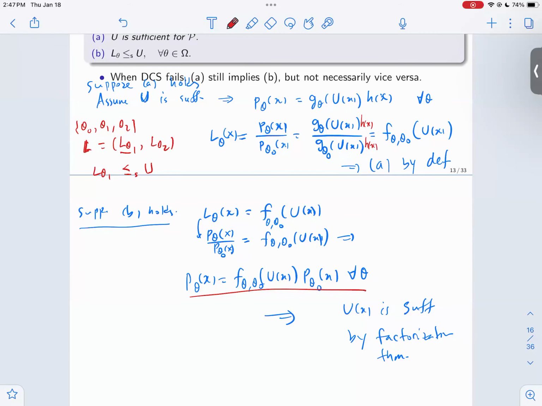If it just holds for one theta, that's not factorization. This takes a while to wrap your head around, but it's not super difficult. It's just a little bit tricky.